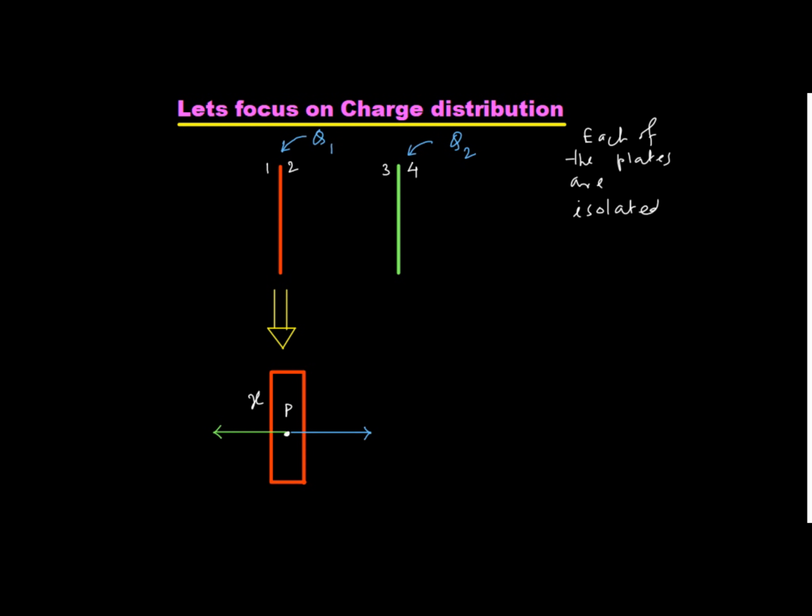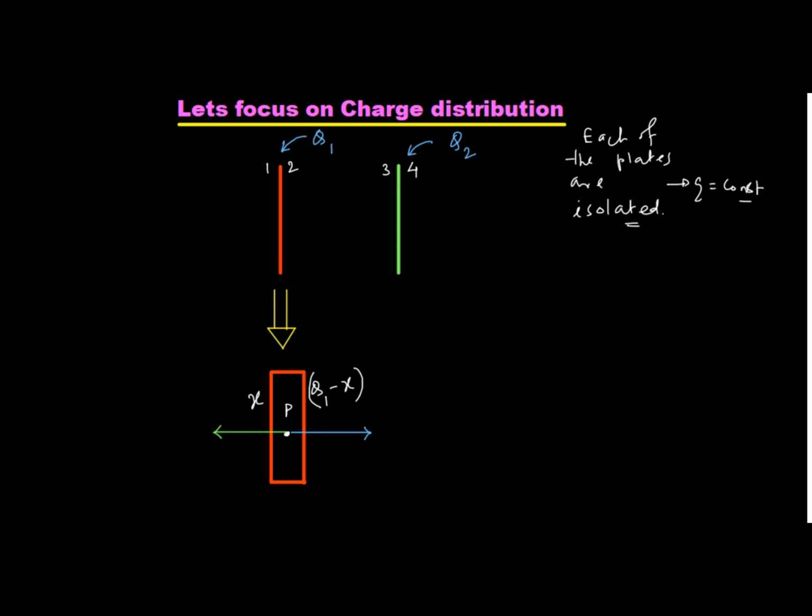If the plates are isolated, we can write that the charge on the plates has to be constant, it cannot vary. So if the charge on surface 1 is x and this entire plate is given charge q1, the charge on surface 2 has to be q1 minus x. I don't think there is any ambiguity.